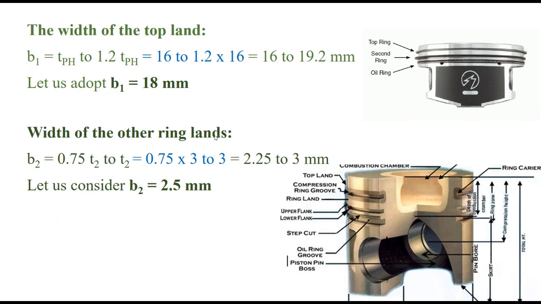Now the width of the other ring lands. Other ring land means between these two ring slots, what should be this vertical distance. B2 is given as 0.75 times T2 to T2.